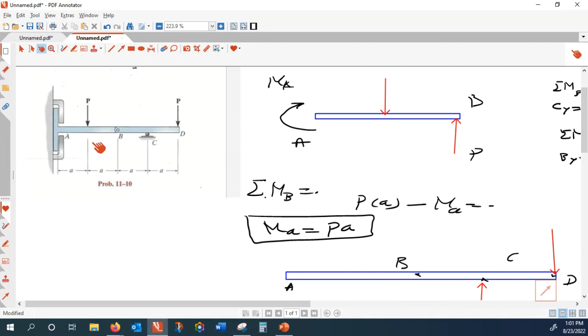Is that agreeable? Point B is a hinge. It's frictionless. It cannot take any bending moment. So we know that at point B, the bending moment is equal to 0.